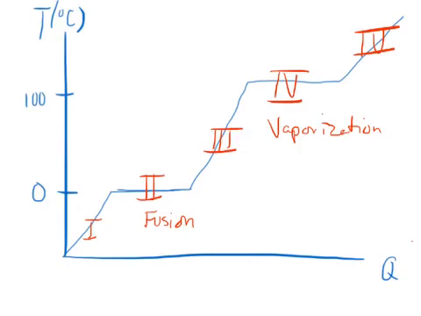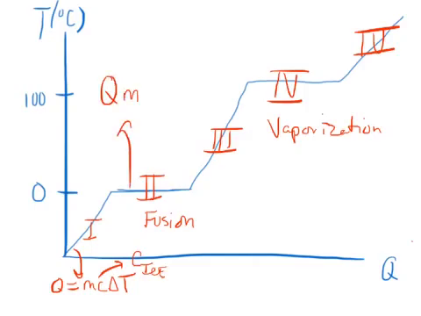Okay? So what you'll notice is that here, to find the heat involved, we use Q equals mc delta T. And notice, this C is the C of ice. But then in this stage, we're going to use Q equals mL.